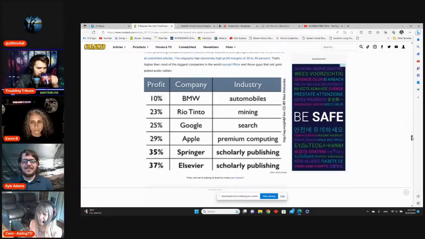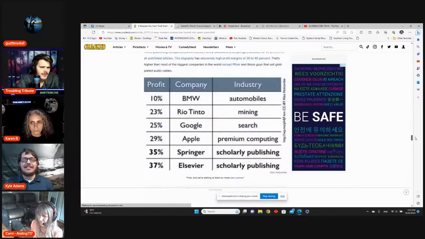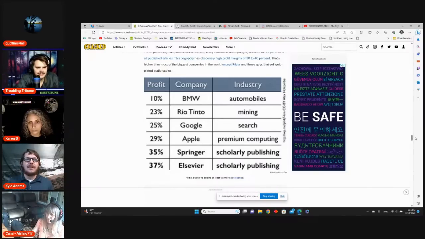The next point that they brought up is it's all about profit. I really like seeing the amount of profit for each of these different companies. 37% profit for these scholarly publishing companies. And a lot of that gets into play there. They're not trying to publish information just because it's right.